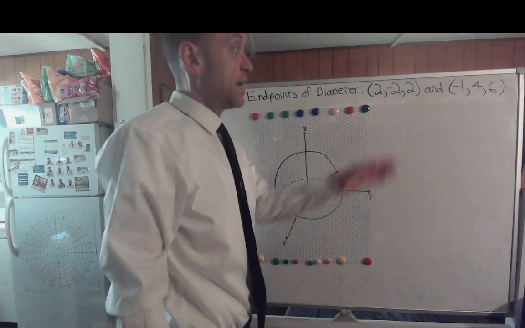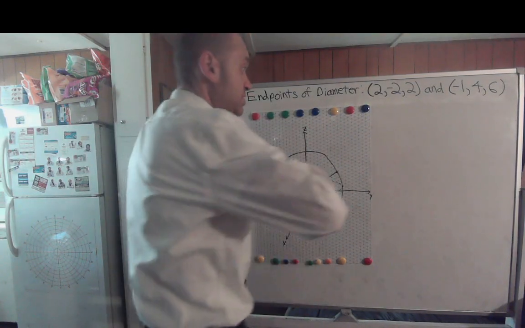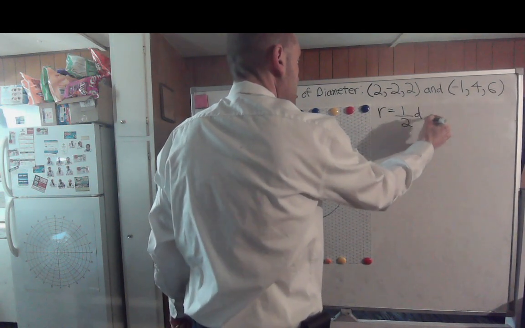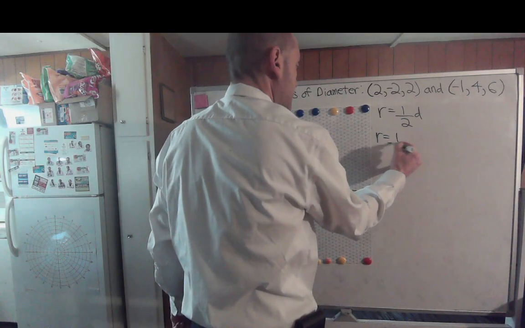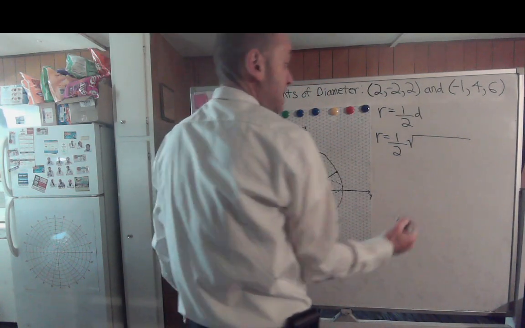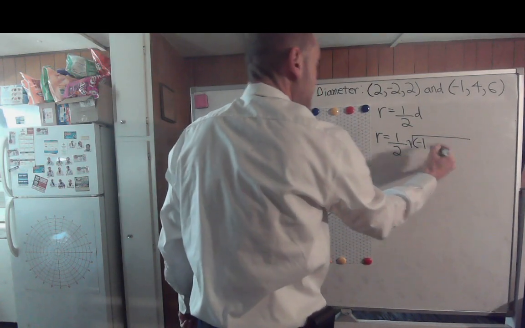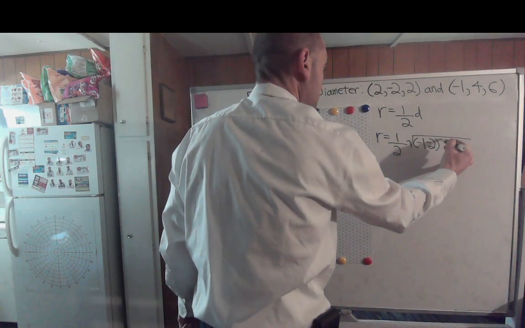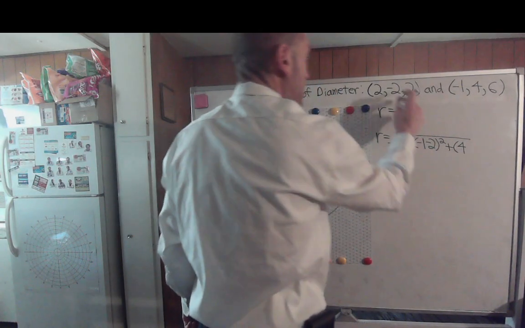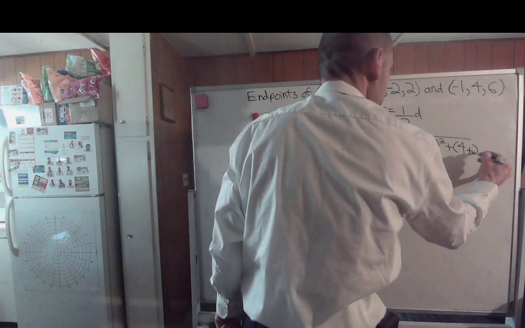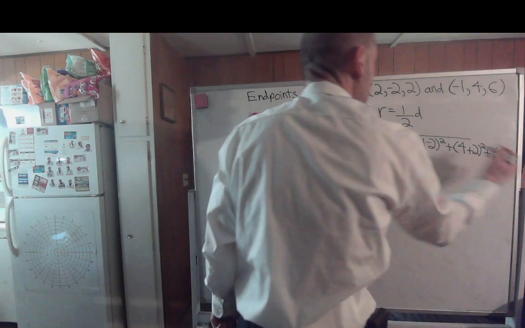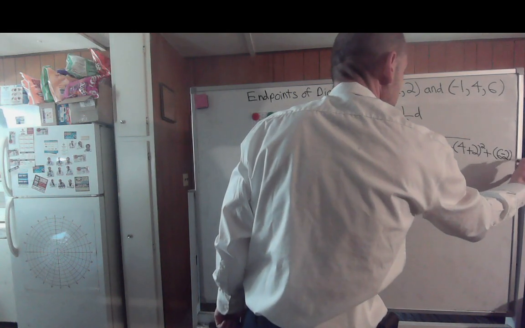Well, again, the radius equals half the length of the diameter. So the radius in this case is equal to half of the distance between these 2 points. So now take your x2 of -1 minus your x1 of 2, square that quantity, plus take your y2 of 4 minus your y1 of -2, this would turn into 4 plus 2 quantity squared, plus take your z2 of 6 minus your z1 of 2 quantity squared.